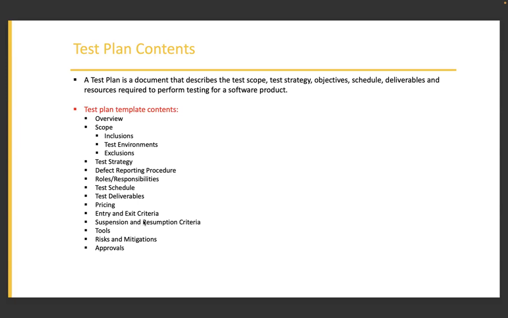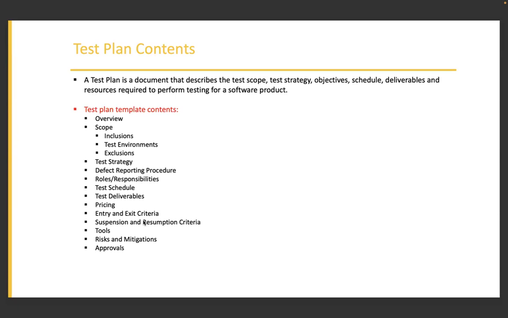Suspension and resumption criteria means when to stop testing and when to resume testing. Sometimes you have done sufficient testing and you are doing extensive additional testing, guys. So the documentation will clearly mention when to stop testing, and if you are stuck somewhere, at what scenario you want to resume the testing.